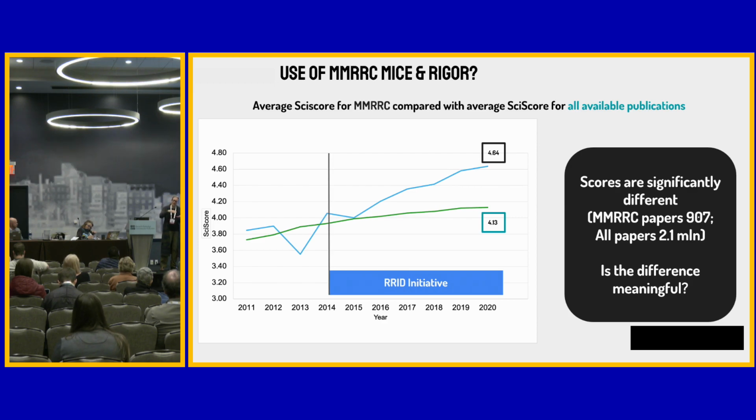So we have this metric. It's maybe not the best metric, but it is a metric that's very much orthogonal to the impact factor, to look at the quality of reporting in those papers, and we're starting to get a significant change. We're starting to see a significant shift, but only for papers where the core facility is actually pushing their users to do a better job.